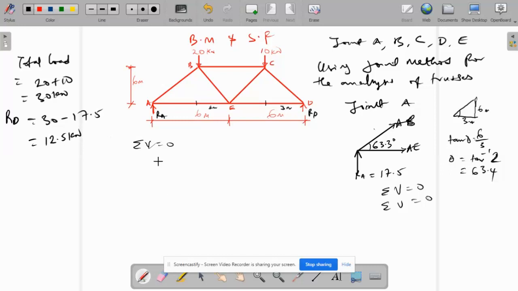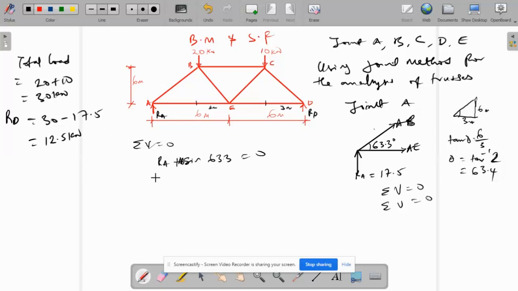We have reaction A. Then, if we resolve this, it is pointing upward, which is reaction A is still pointing upward, plus AB sine 63.3 equal to 0. So it means we are looking for AB sine 63.3 equal to 0.